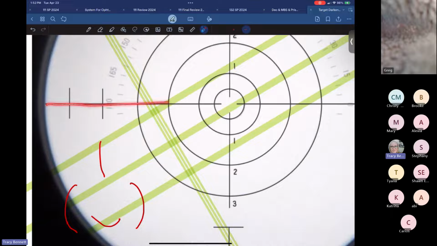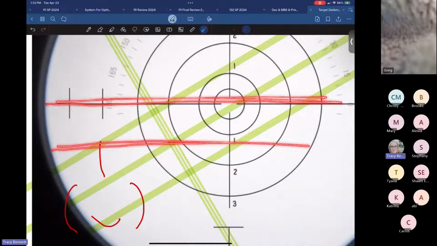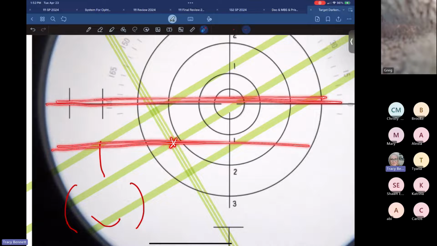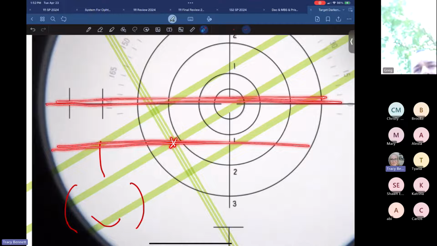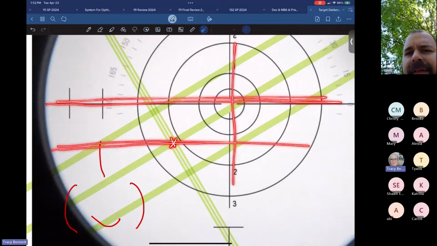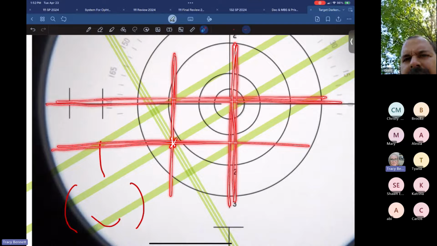I want to know how far below this line is this point. I'm still using this guy as my down marker, and I'm still using him as my in and out as well. So how far from here is this line?